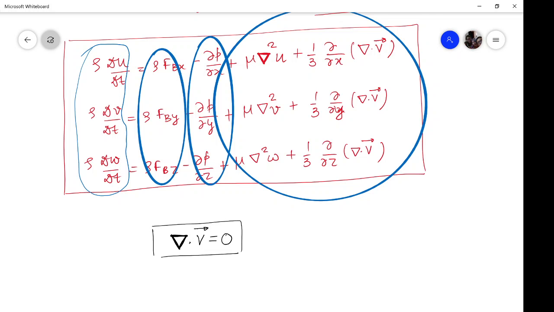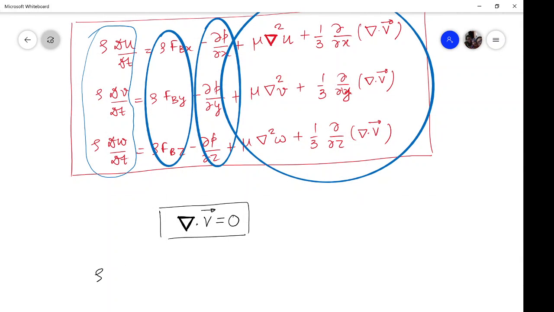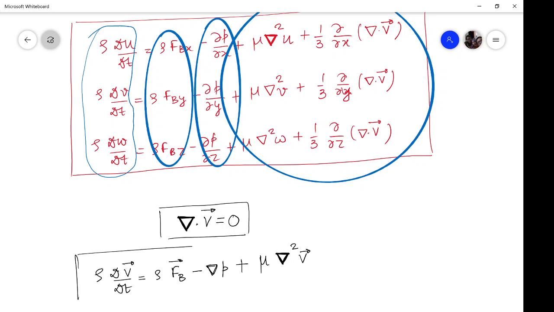So the Navier-Stokes equation gets reduced simply to, in vector form, I am writing now, collecting everything, ρ Dv/Dt equals ρ f_bx, f_by, f_bz, so this becomes the body force vector, minus this ∂p/∂x, ∂p/∂y, ∂p/∂z added, that means the gradient of pressure, and this μ term plus the Laplacian of the velocity vector.